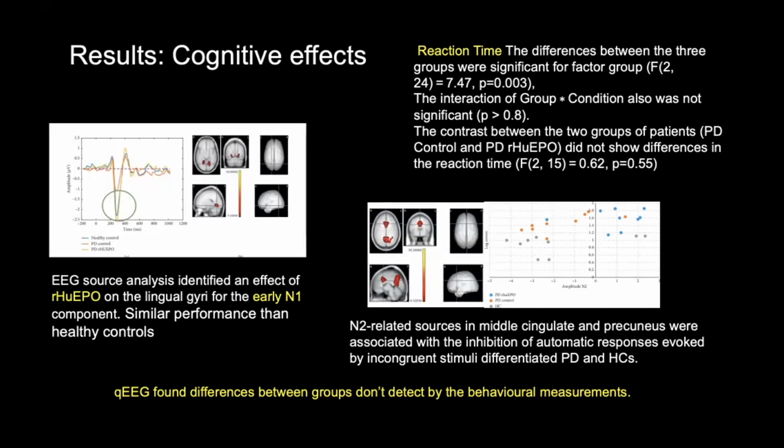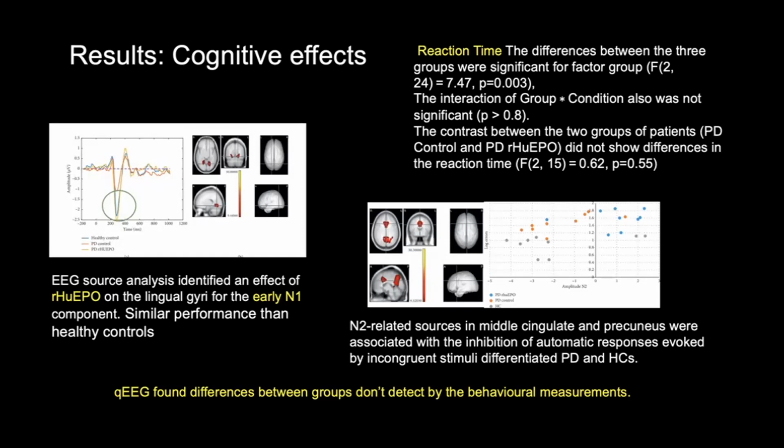However, the ERP identified the N1, the very early component measuring attention before 100 milliseconds, where the Parkinson's patients with erythropoietin have the same performance, the same amplitude, as the healthy controls. Besides, we employed the same procedure for the N200, and we found a difference between all the Parkinson's patients versus healthy controls, not between the 2 kinds of Parkinson's patients.